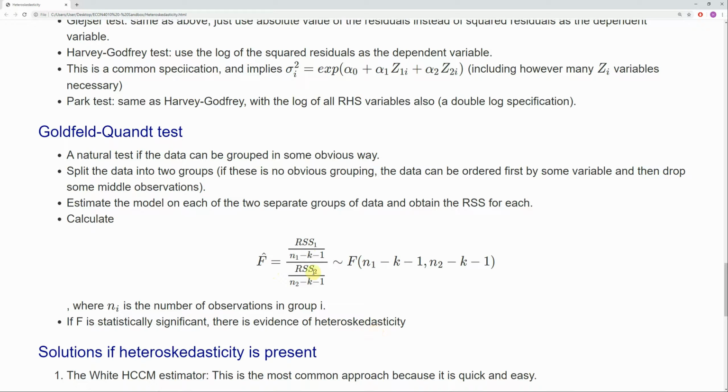That means that the ratio between these two was, F distribution is a positive distribution, so it was far enough from zero that you said, oh, it's significantly away from zero. And you say you have found a case of heteroskedasticity because they're different from each other.